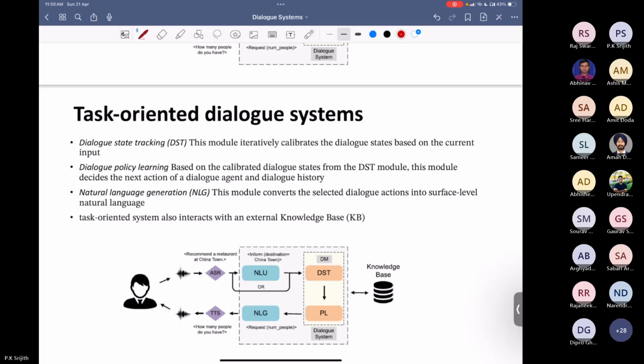Sir, one query. In DST, is this similar to what CopyNet was doing in terms of adding additional words which are not in the input? You can think of something like that. Actually, people use CopyNet to model DST, dialog state tracking. At every stage, you decide to keep some of the information it has previously gathered, and you try to add a few pieces of information from the user input which it didn't have before.